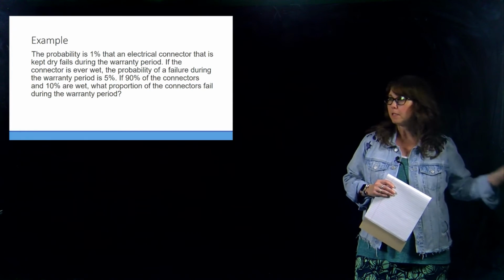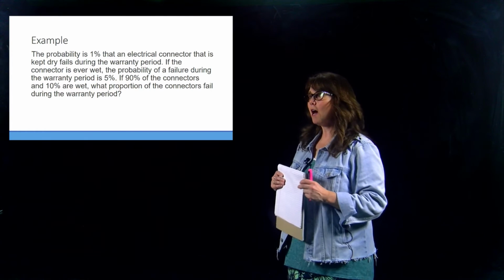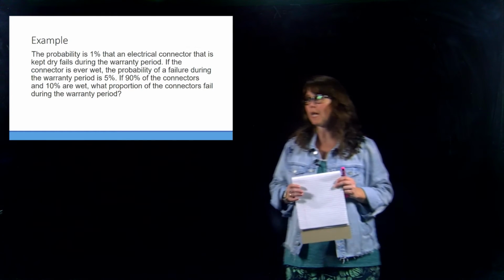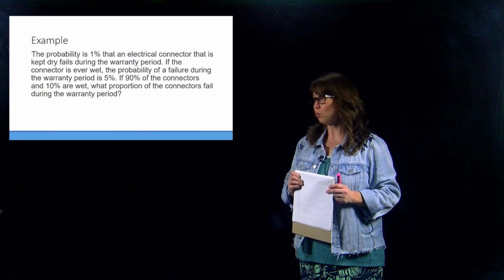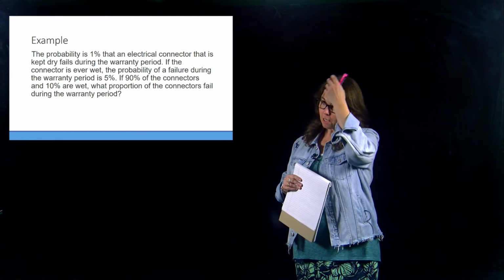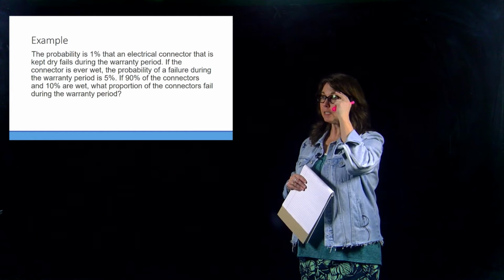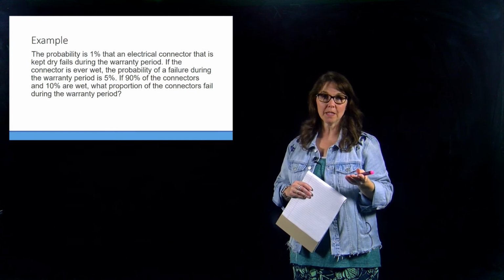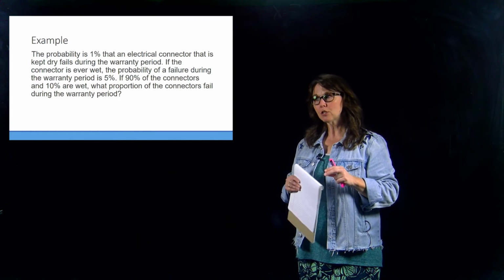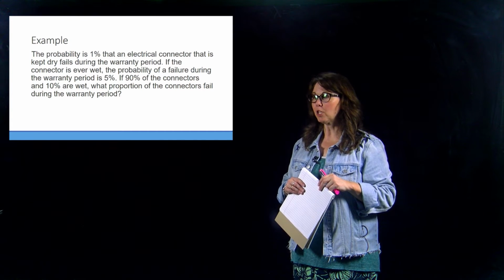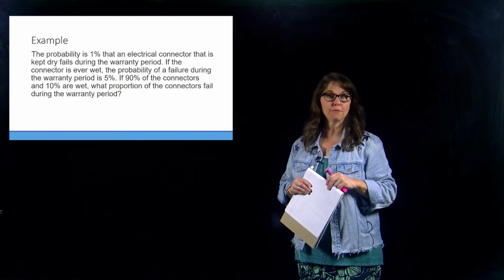All right, so let's go back and take a look at an example. So we have the probability is 1% that an electrical connector that is kept dry fails during the warranty period. And so that is a conditional probability. We need to keep that in mind and use that in a minute. If the connector is ever wet, the probability of failure during the warranty period is now 5%.